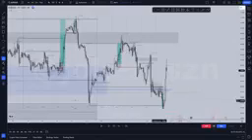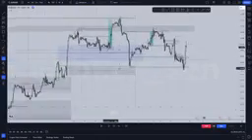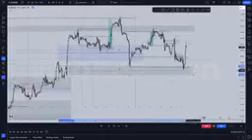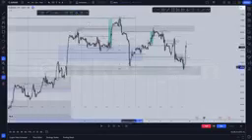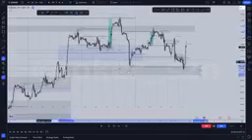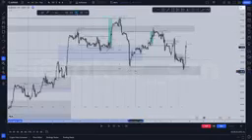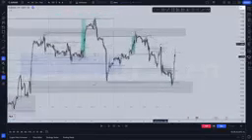So we have a reversal of the entire move after taking out last week's low, and again we are trading into this bullish order block, and we also have the weekly inversion fair value gap, which are the dashed lines here. So we've taken out the daily short-term low into our high time frame POI, and now we want to see if next week we can take out all of those highs here, right?